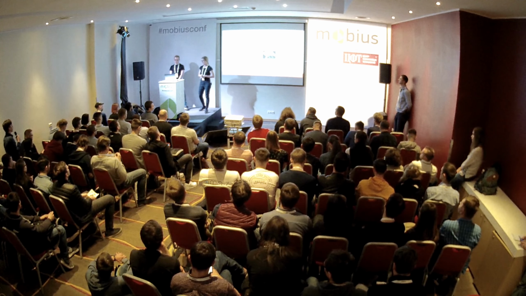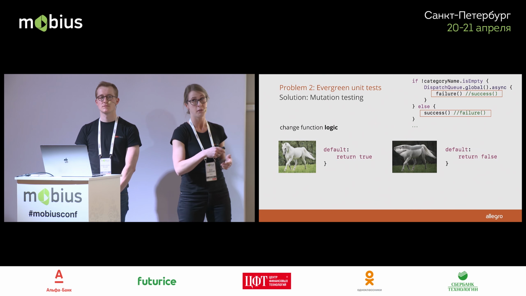Sure. So I think mutation testing is especially useful if, for example, I'm not that experienced in writing unit tests. So I always double check whether my test is doing what it should do. At the beginning there was a success closure being called, but if I want to check whether my test is really checking if this closure was called, I, for example, change success for failure.